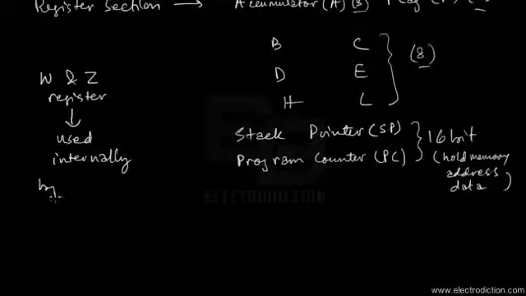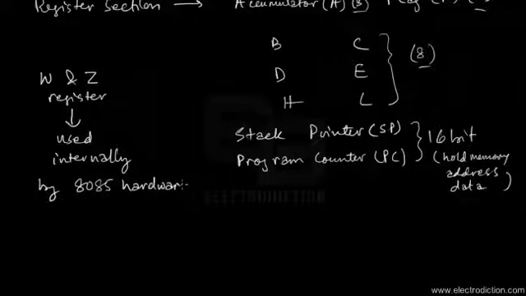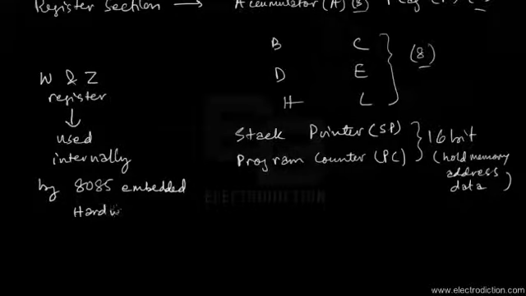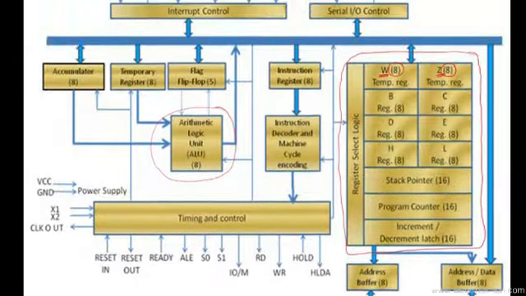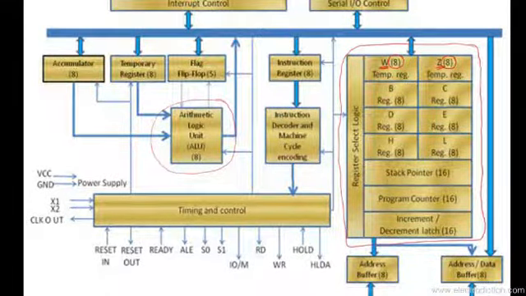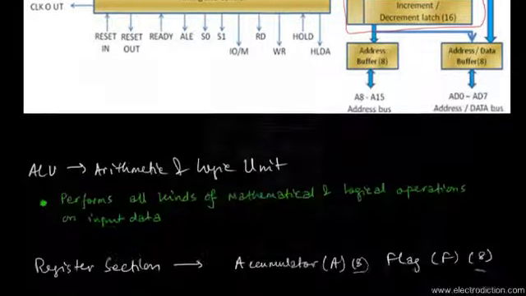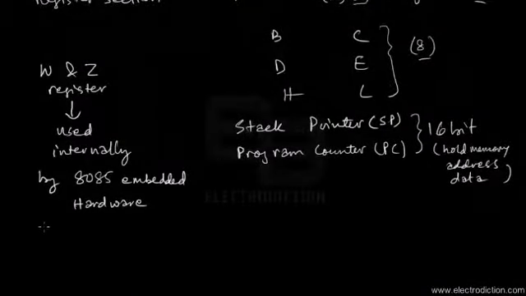By hardware I just mean the embedded hardware, that is, the embedded circuitry present inside the 8085 chip. While performing various tasks during program execution, the W and Z registers are used.